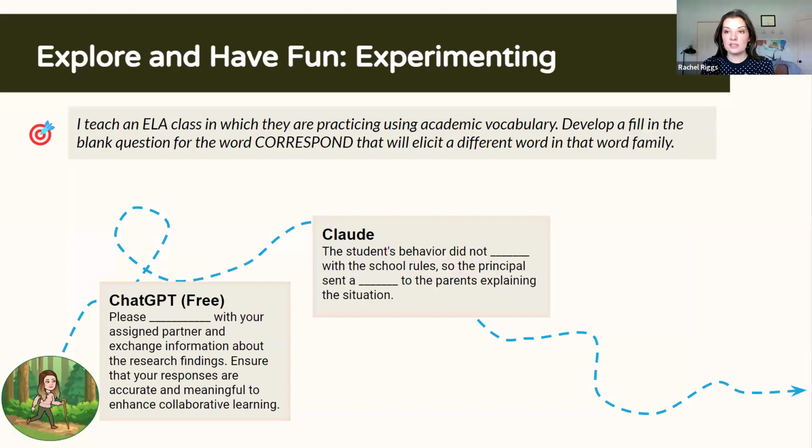This is an example where I asked a few different chatbots to develop a fill in the blank question for the word correspond that will elicit a different word in that word family, like correspondence.